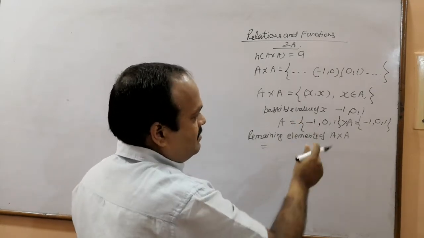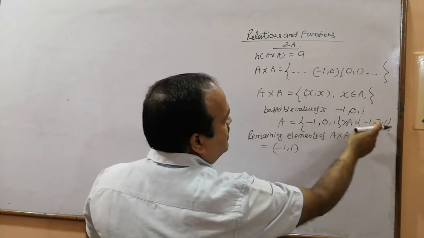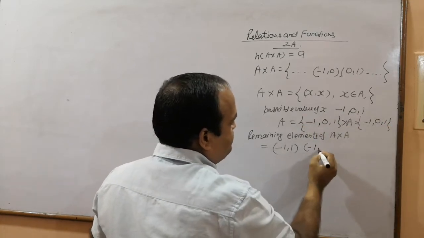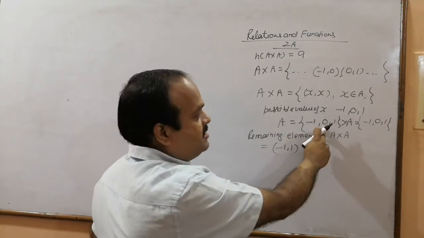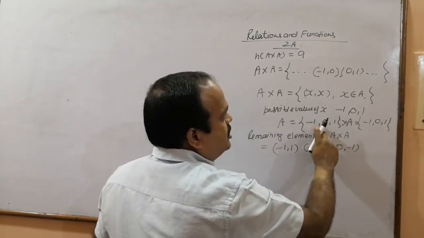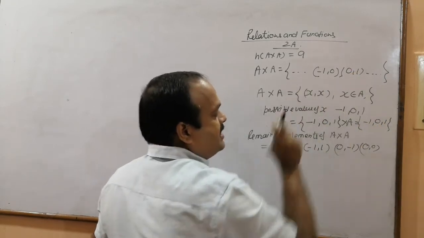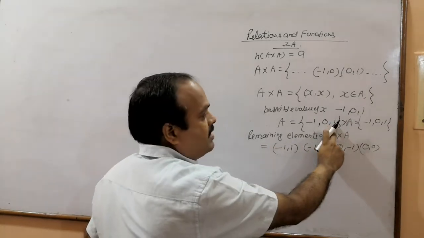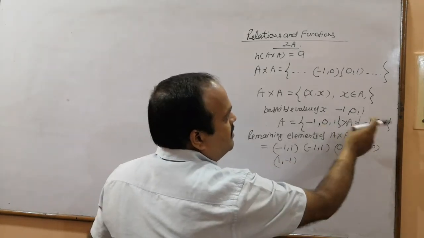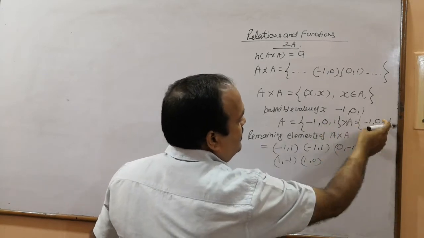So leaving these two, we will write all the 7. I start writing (-1, -1), then (-1, 0) is already written, so we will not write it, then (-1, 1), then go to 0: (0, -1), (0, 0), (0, 1) is already written, don't write it, then go to 1: (1, -1), (1, 0), (1, 1).